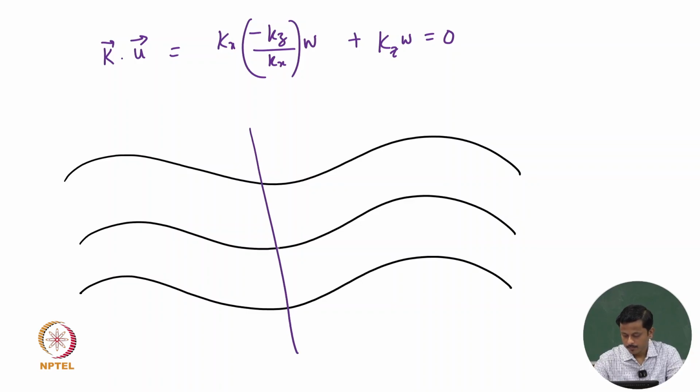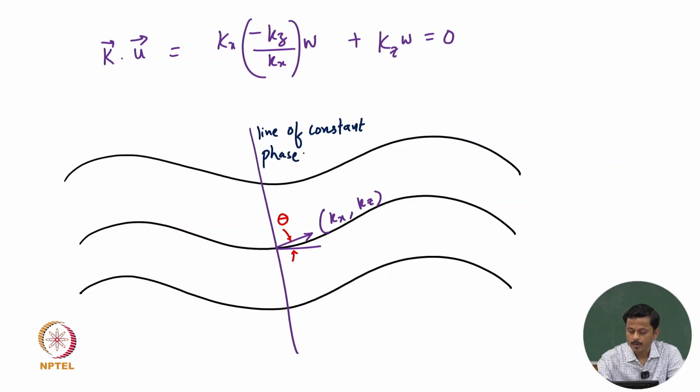And the wave number vector is kx, kz, and this makes an angle theta to the horizontal.